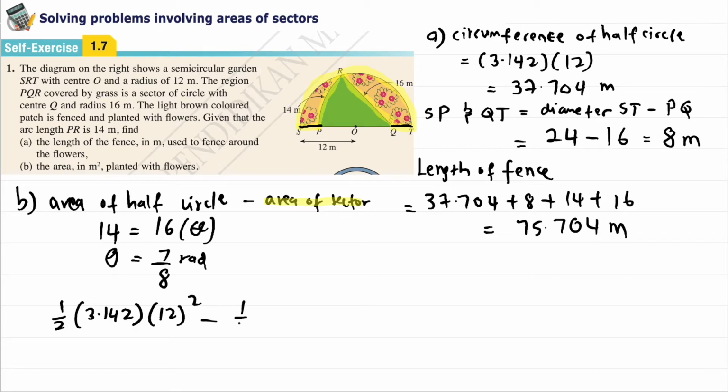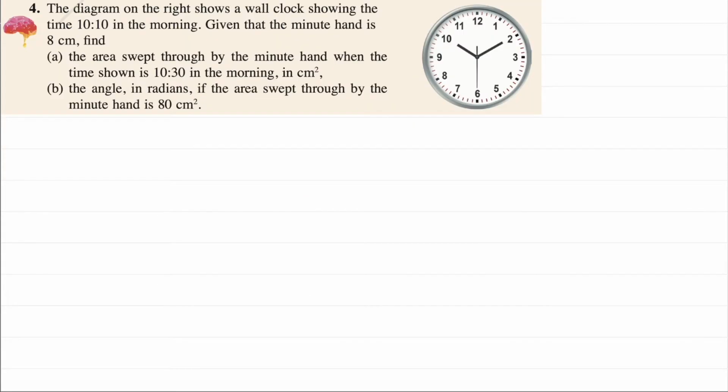Area of sector is 1/2 R square theta. So 16 square. Theta is 7/8. Like this. Okay. And you will get the answer straight away. 114.224 meter square. Done. Okay, selesai untuk one more example.